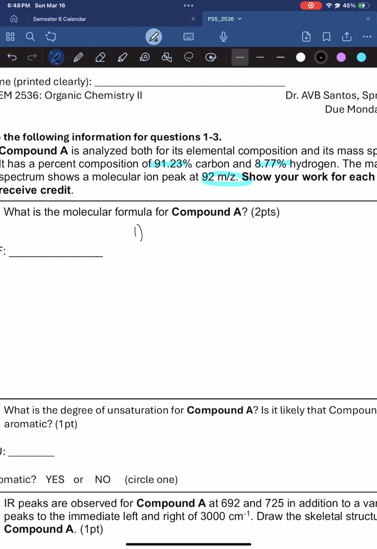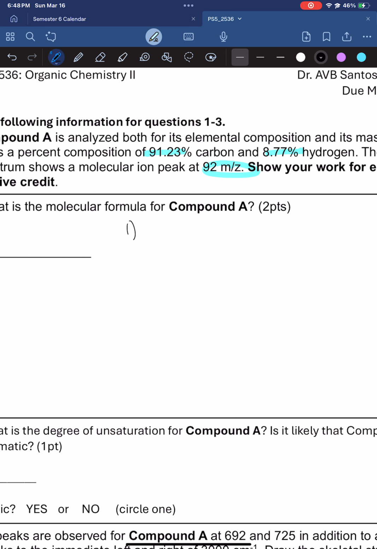If you remember, the jingle goes: percent to mass, mass to moles, divide by small, multiply till whole. Basically, all that tells you is we're given a percent. Let's start with carbon, 91.23%. Percent to mass.